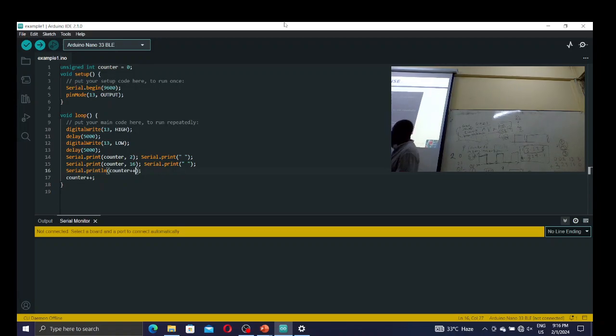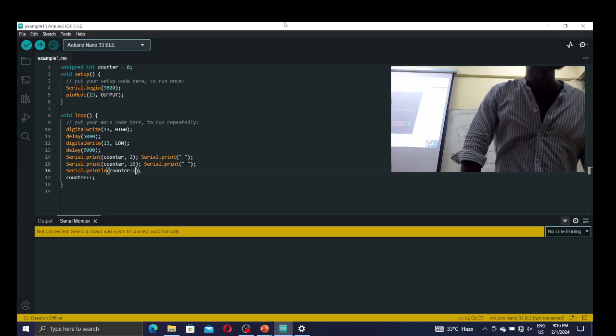So now if you increment this counter from 0 to what? 1. And then it goes over the code again and increments the counter from 1 to 2. So it goes 0, 1, 2, 3, 4, going.